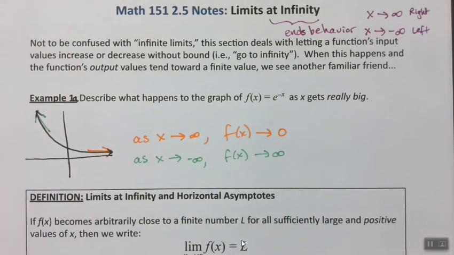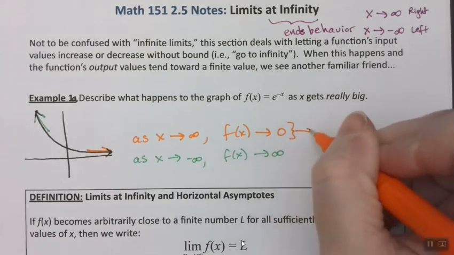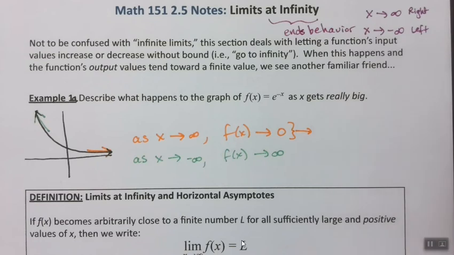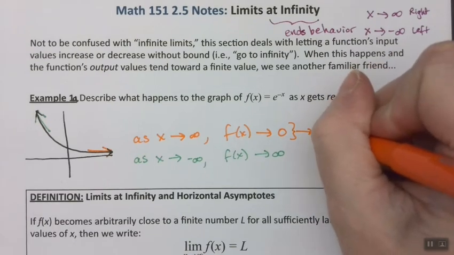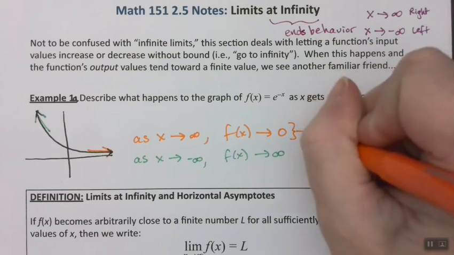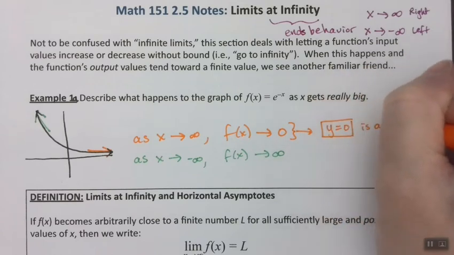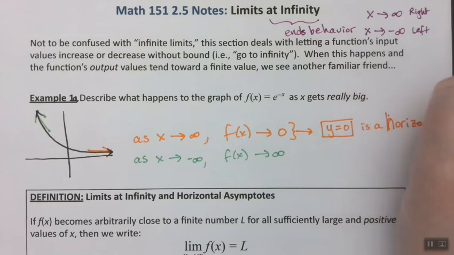Namely, that we can see that we have a horizontal asymptote. So this right here is telling us that we have a horizontal asymptote of 0 for this graph. Sorry, I can't spell. Horizontal asymptote. And there we go.